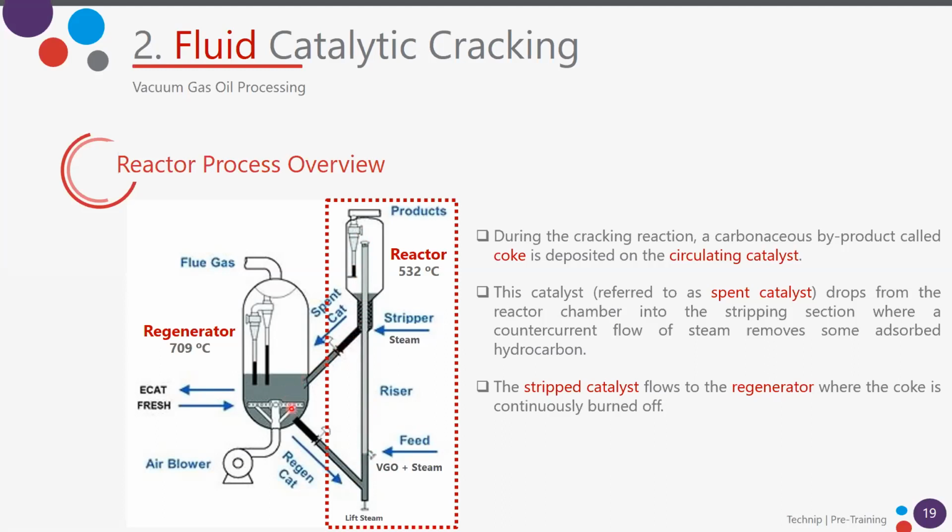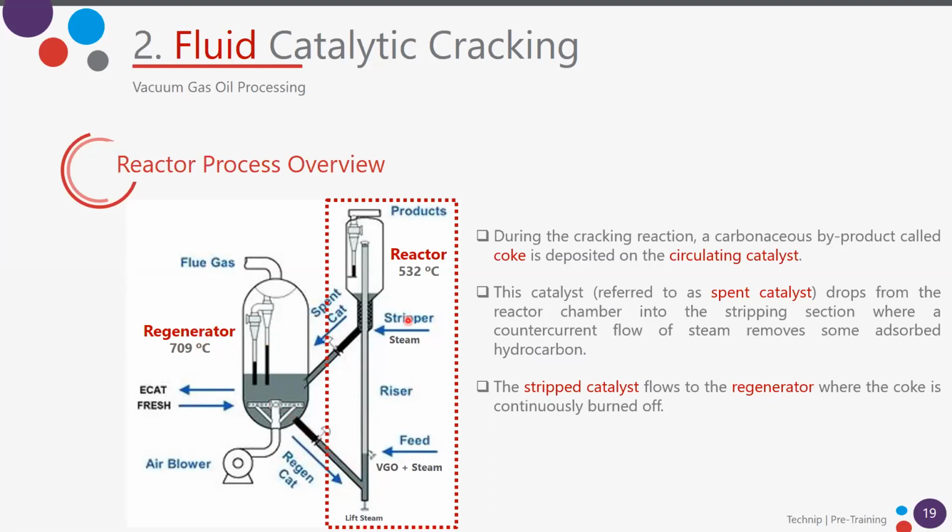Okay, so the flow of the catalyst is in this way. And it is continuously flowing to the regenerator, the catalyst with the coke, and we call regenerated catalyst the catalyst that is coming from the regenerator.